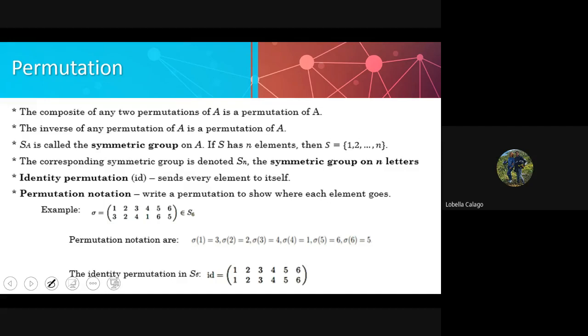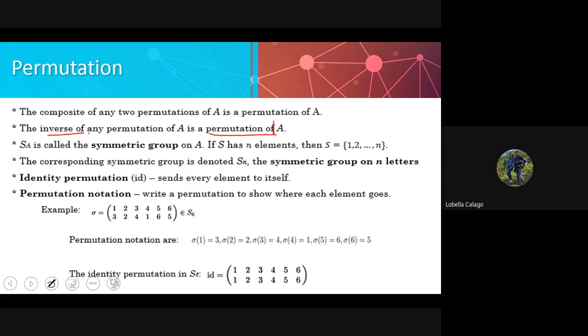Okay? So, we will continue with the definition pa. Okay? So, permutation. The composite of any two permutations of A is a permutation of A. Next, the inverse of any permutation of A is a permutation of A. Yun po yung sinasabi.